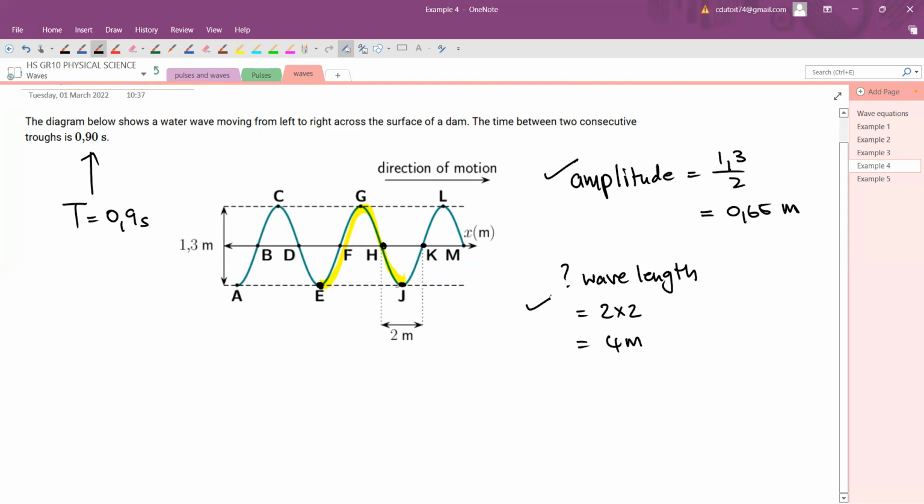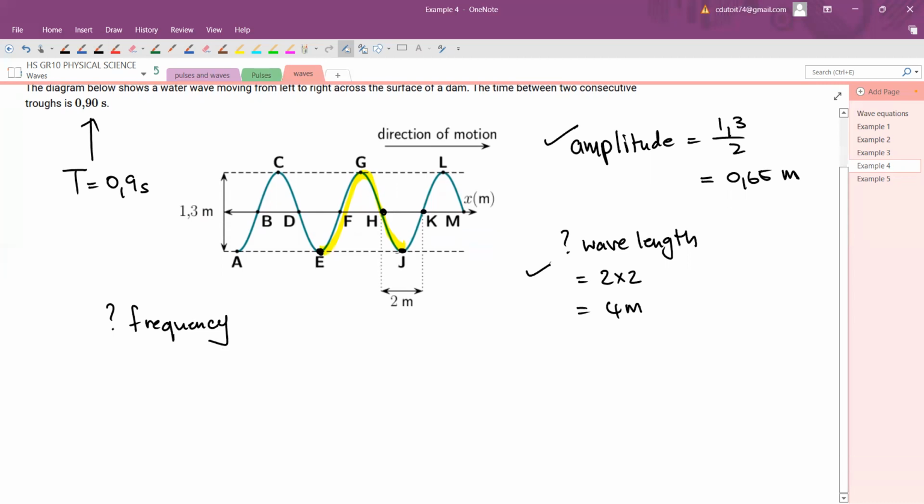Then they can also ask you, what is the frequency? The frequency is 1 over T, and that is 1 over 0.9. Take that and put it in your calculator, don't try and work it out. That is 1.11 hertz.